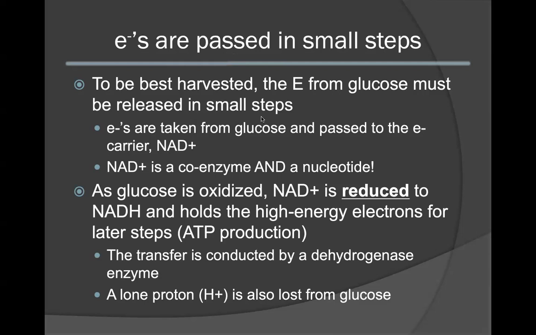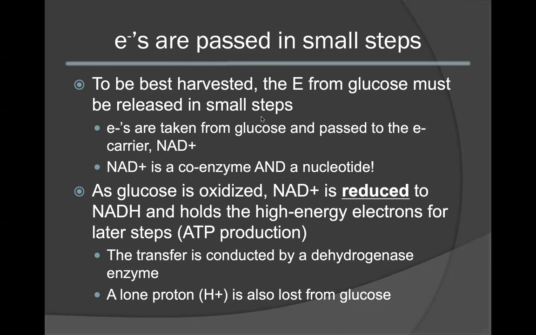They're going to be delivered to NAD+. As a result, NAD+ is going to be reduced because it is taking in these electrons, and it is going to form NADH. So NADH is the holding place for these high energy electrons until we get to the later stages of metabolism where the ATP is actually going to be produced.